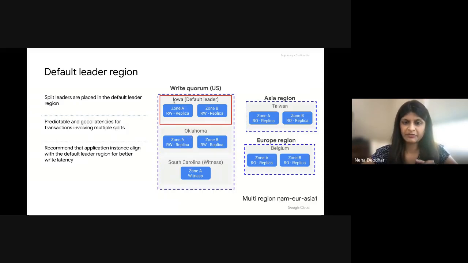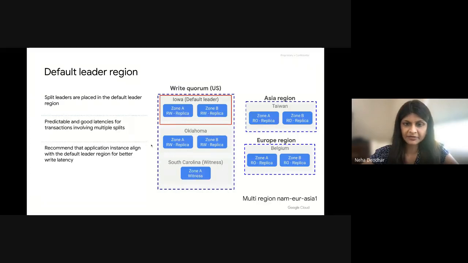Now, imagine that I have a split whose leader is in Iowa, and I have a split whose leader is in Oklahoma. If my application is based in Oklahoma, and I'm writing to the split that's based in Oklahoma, I'll end up getting a very low latency for my write.